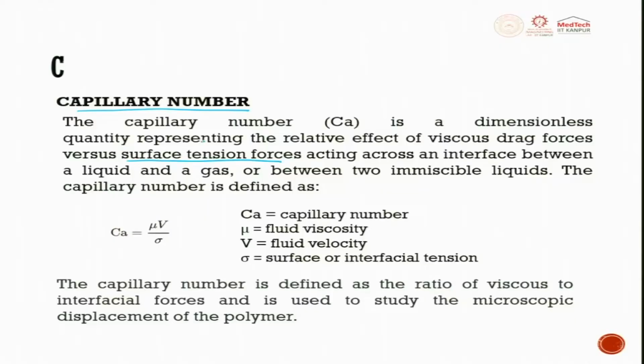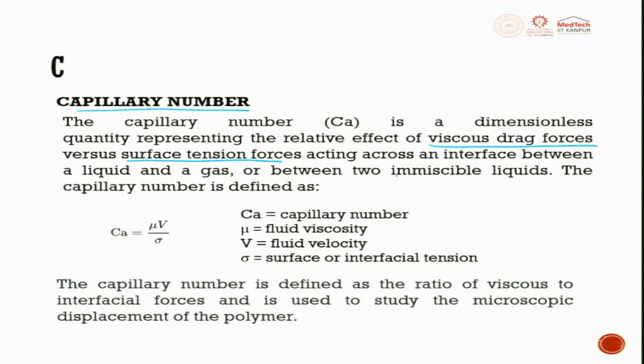Capillary number is a dimensionless quantity representing the relative effect of viscous drag force versus surface tension force acting across an interface between a liquid and a gas or between two immiscible liquids.